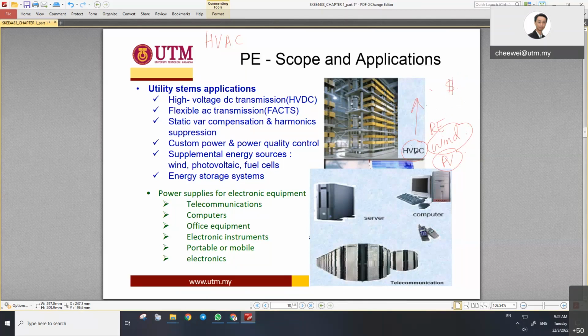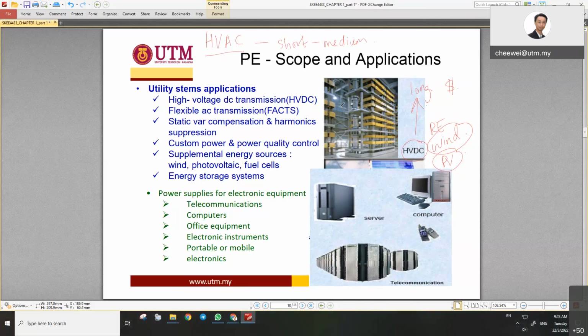HVDC will give you better economic return compared to HVAC. So HVAC is suitable for short to medium transmission. For long transmission, they use HVDC for DC transmission.